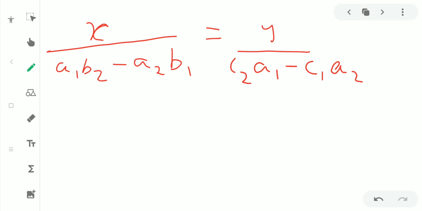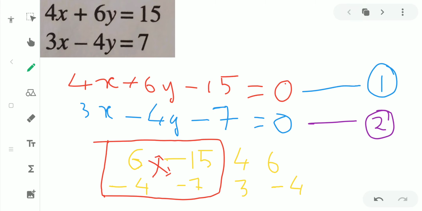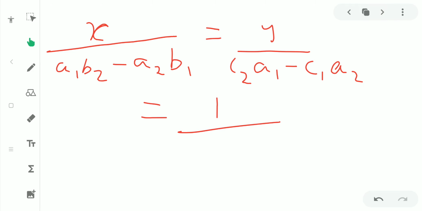So let us solve it, and we should equate these with 1 by a1 into b2 minus a2 into b1. Sorry, it is a1, that is -4 into, this is nothing but b2, so a1 into b2 minus a2 into b1.